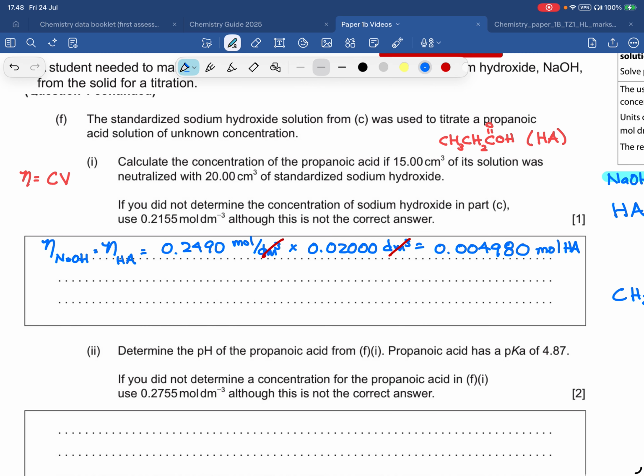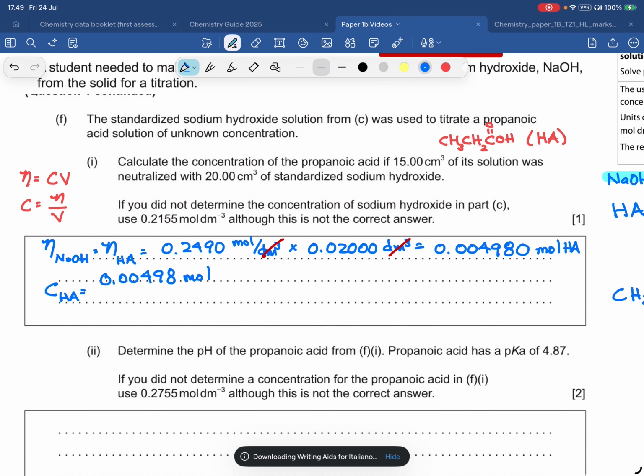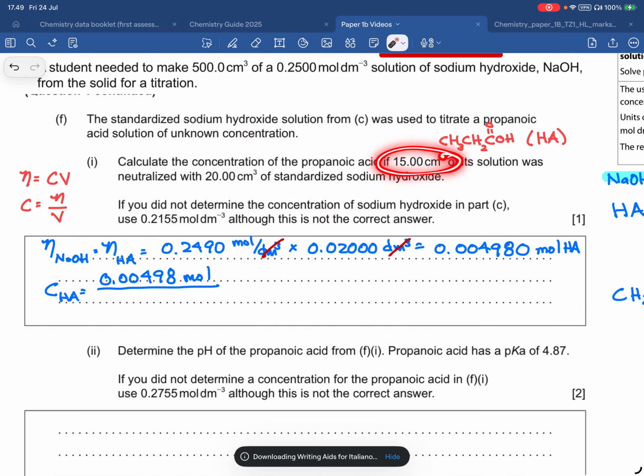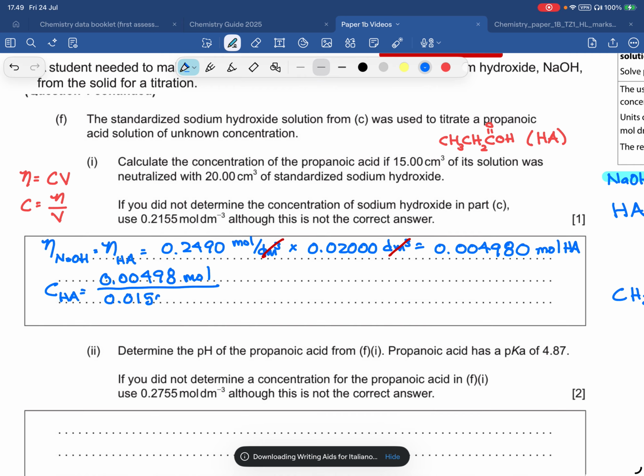My concentration of propanoic acid is therefore going to be moles divided by volume. So concentration of propanoic acid is going to be 0.00498 divided by the volume, which was that, but translated to decimeters cubed, 0.01500 decimeters cubed.